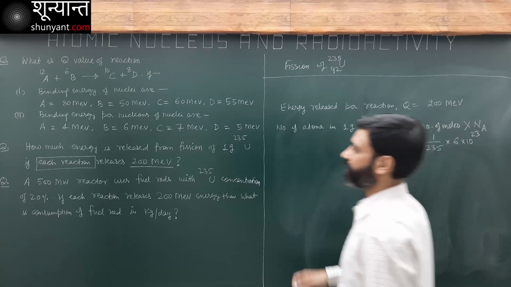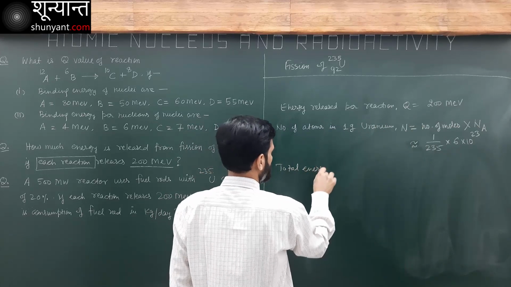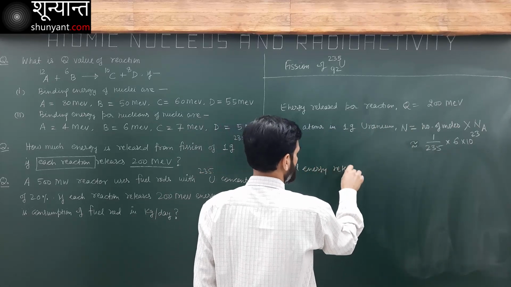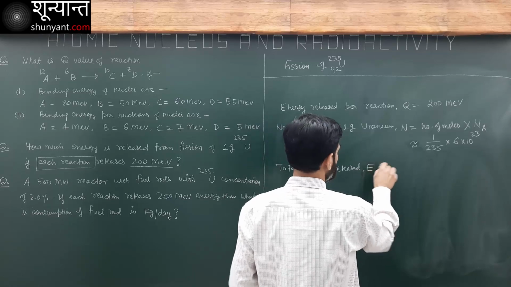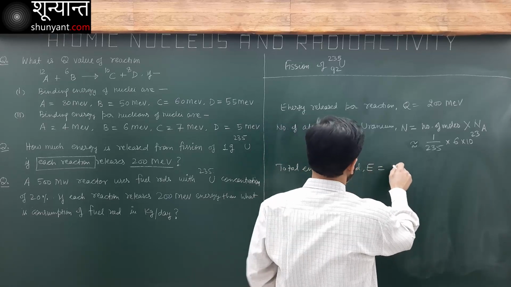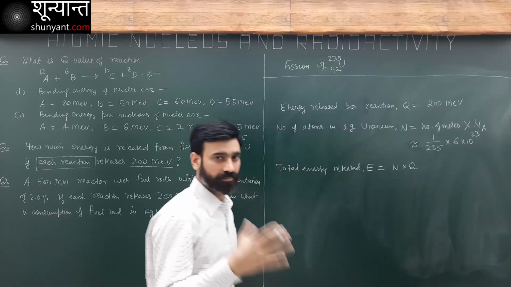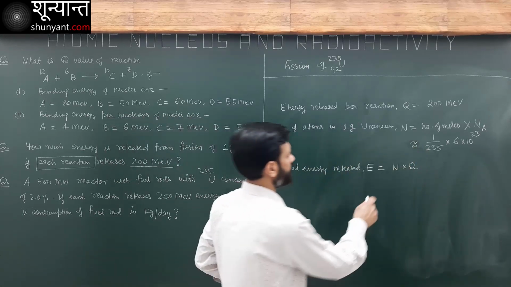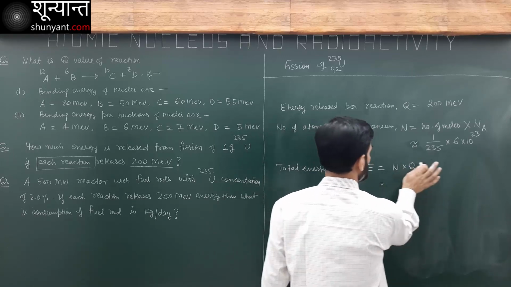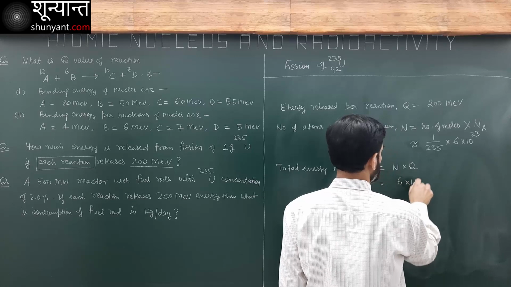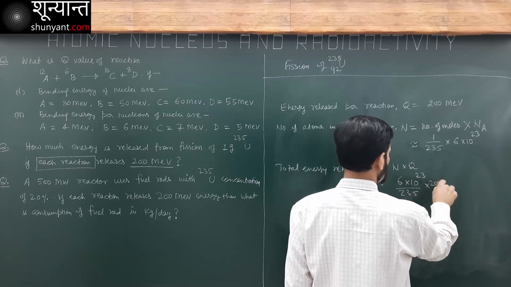So, total energy released. Let me write it as E, equal to the number of atoms times the energy released per reaction. So this is going to be equal to 6 times 10^23 over 235 into 200.